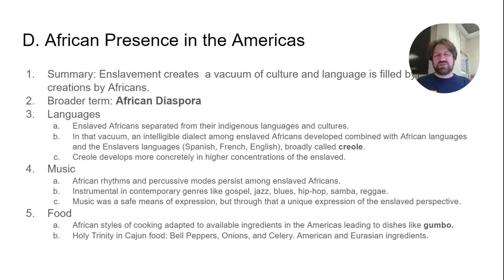I think another example would be the Holy Trinity, which are the central aromatic components of all Cajun cooking. Which is, in part, the experience of what enslaved Africans in Louisiana consumed, would be the use of bell peppers, which are an American ingredient, with onions and, oh my gosh, what's the other one? Celery, which are Eurasian ingredients, okay?